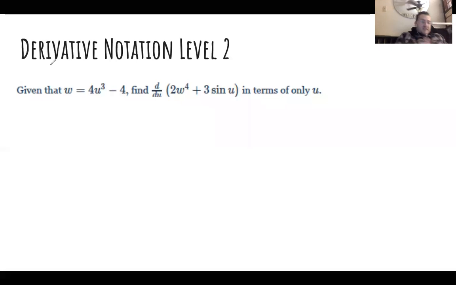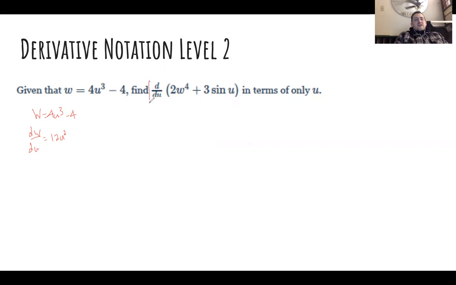So here are some things that we have. We have that w equals 4u cubed minus 4. And then we know that dw du, the derivative of w with respect to u, is 12u squared. And that 4 goes away.